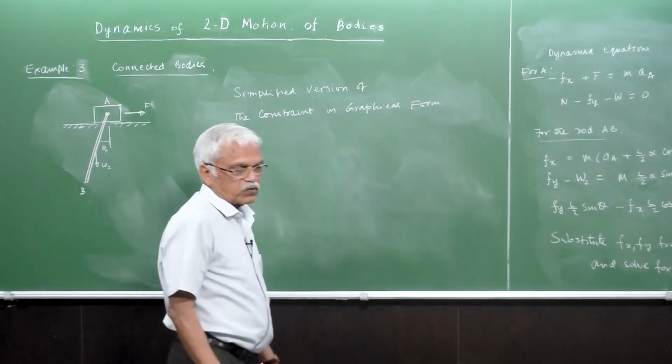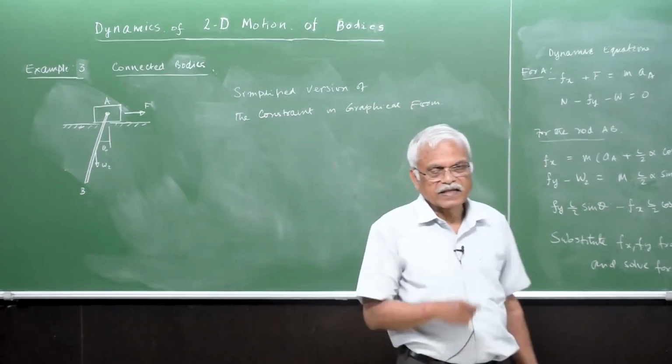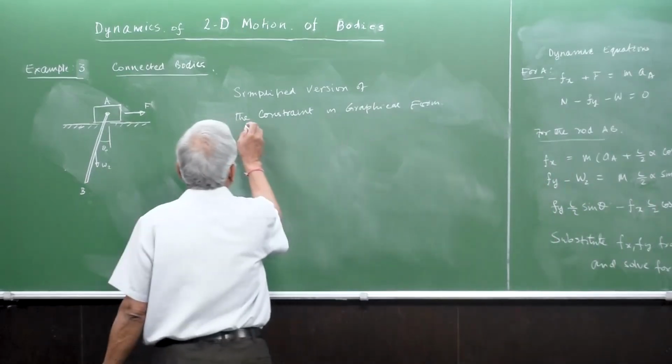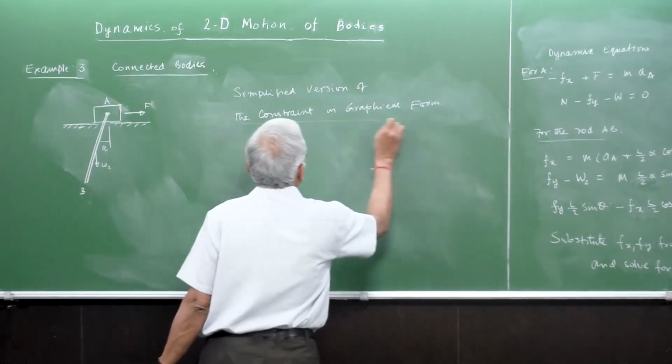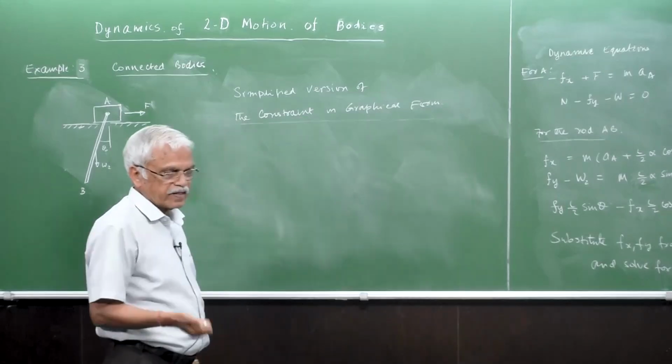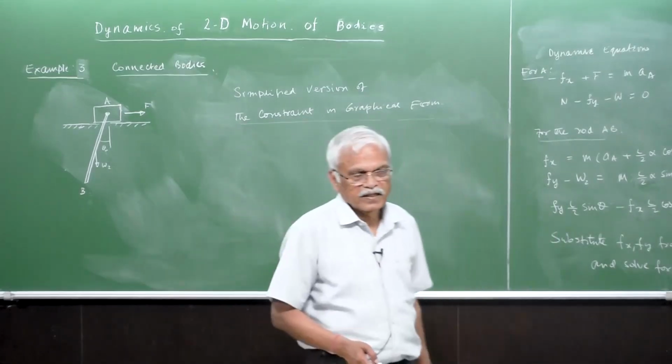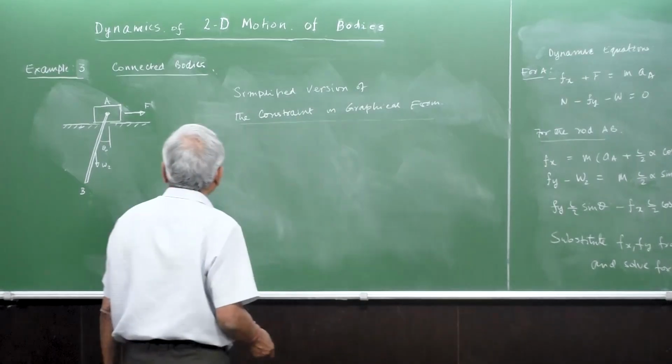I urge you to practice this graphical formulation of the equation, for two reasons. One is that you will get a physical idea of what's really happening. The other is that on many occasions this will turn out to be simpler.